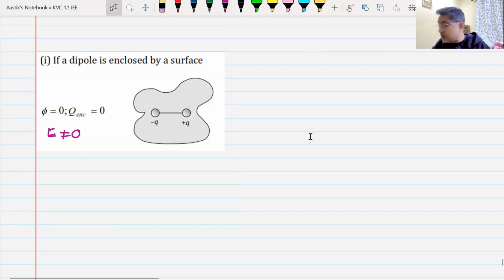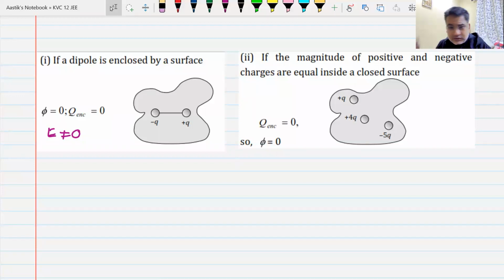So flux 0 only implies that the net charge is 0. It may not be a dipole, but you can have a combination where the net charge is 0, and then the flux enclosed will also be 0.